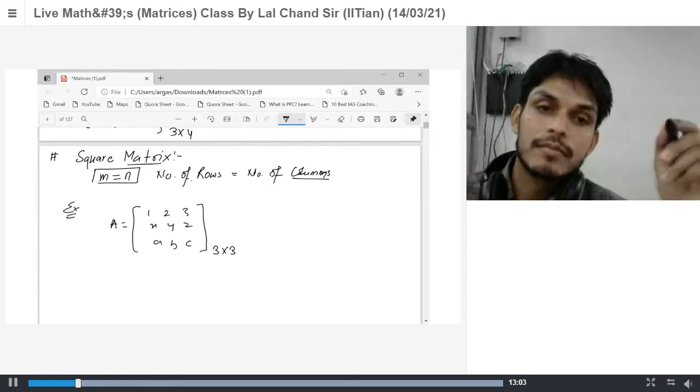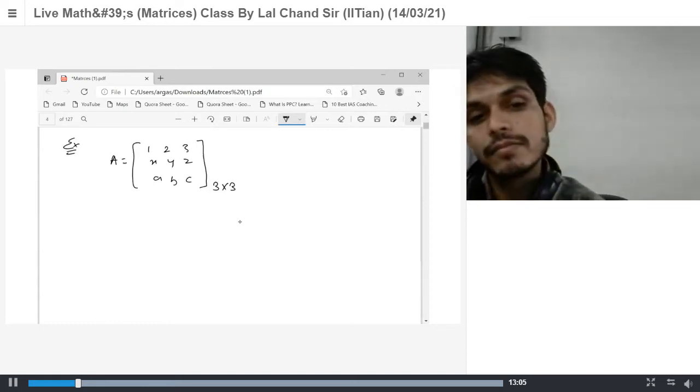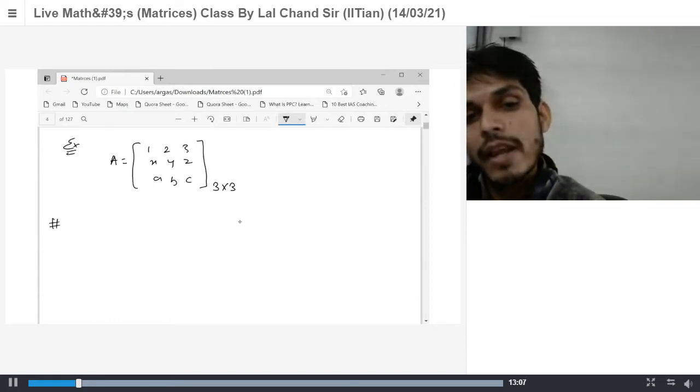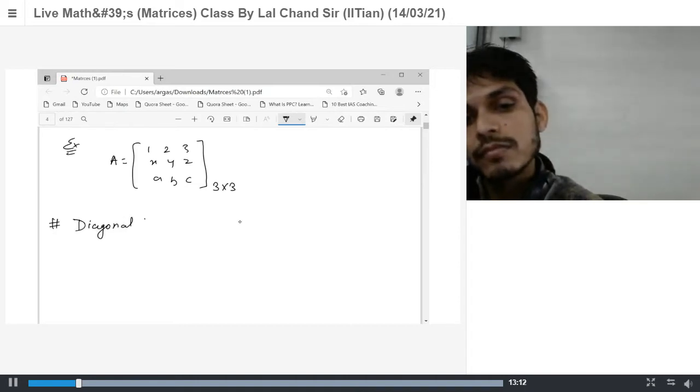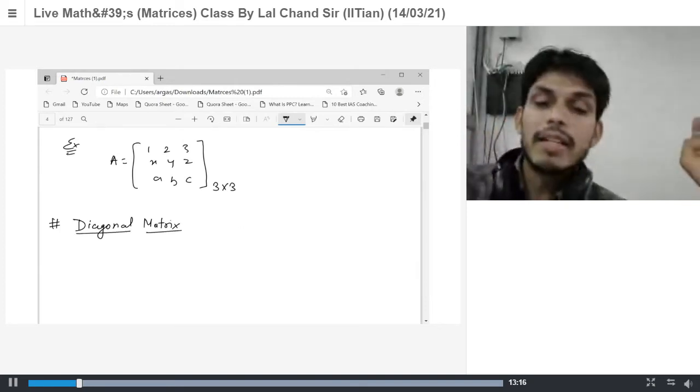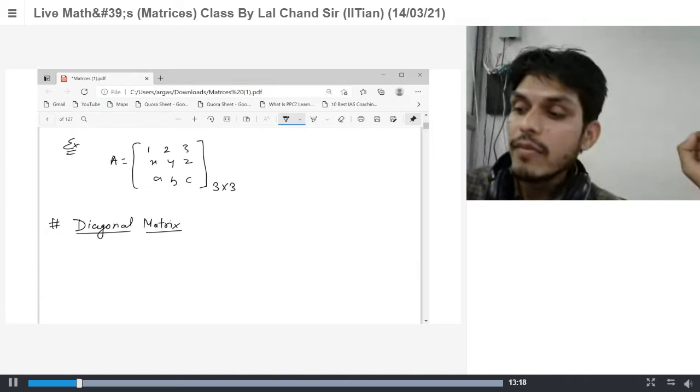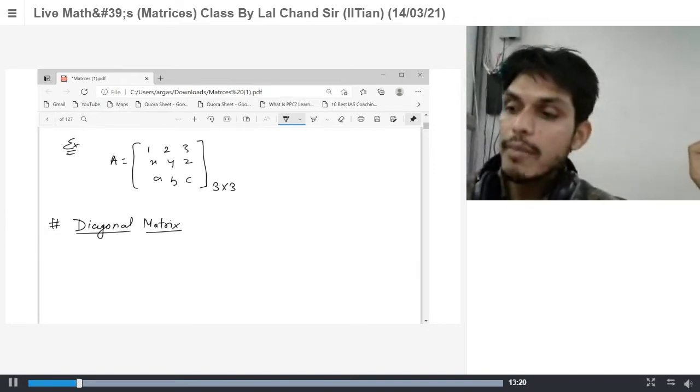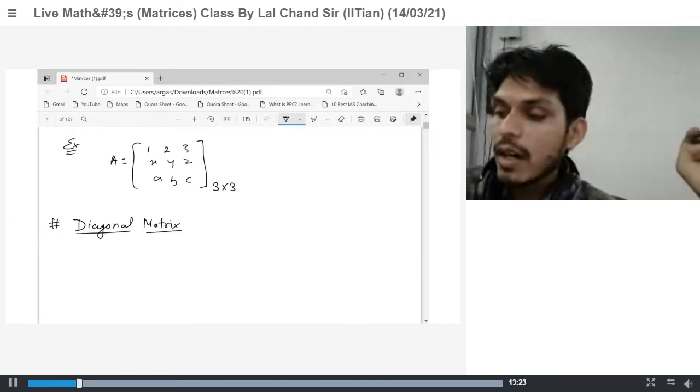Okay. Next is a diagonal matrix. A diagonal matrix is basically a matrix in which all elements except the diagonal are 0.